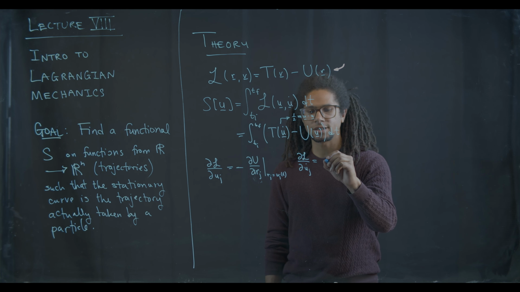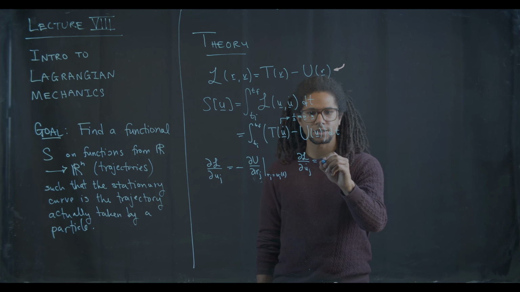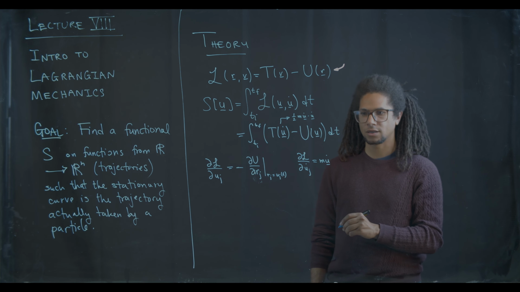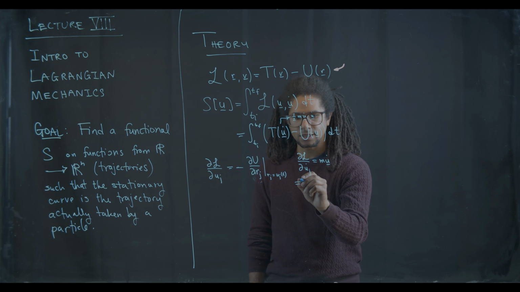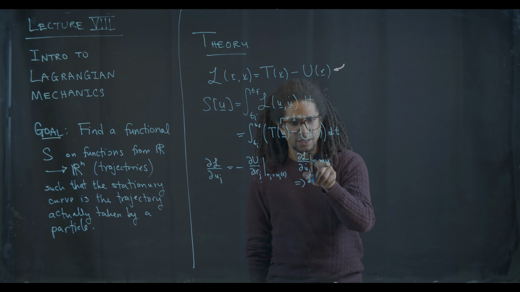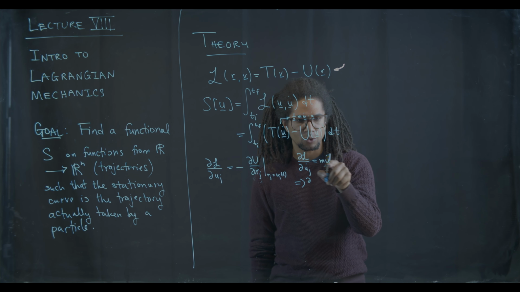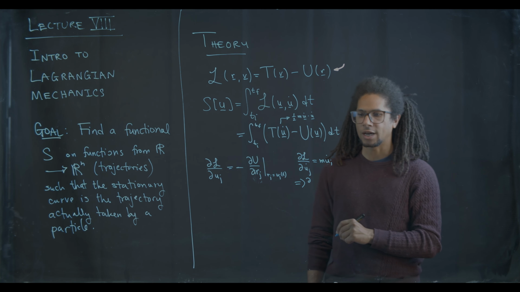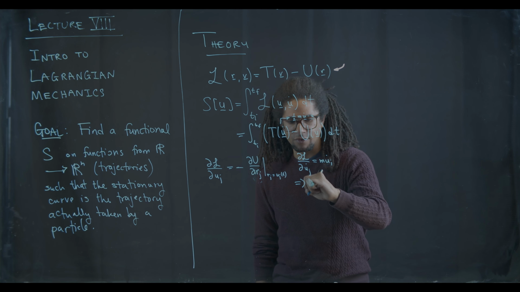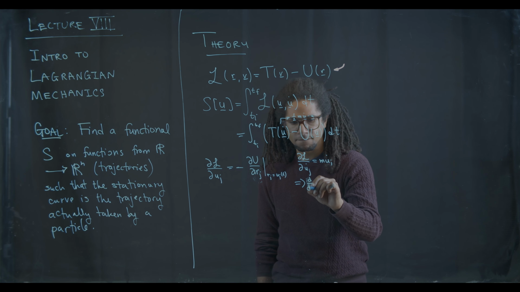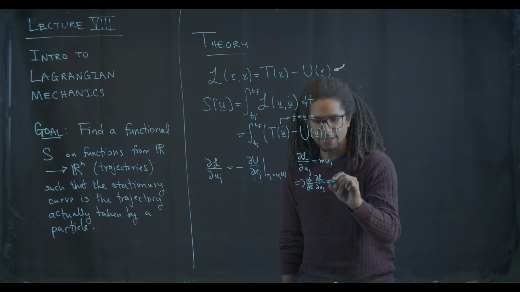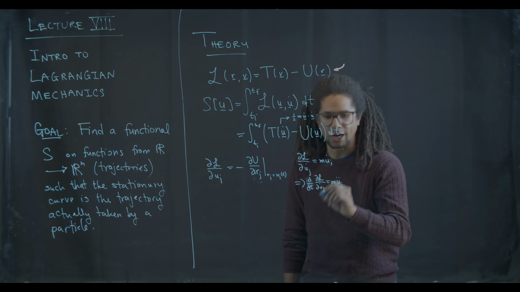This is going to give us, by using the product rule, for instance, m times u dot. This is with respect to u_j, so this should be m u_j dot. Okay, so that means that the time derivative of this thing is equal to m u_j double dot.